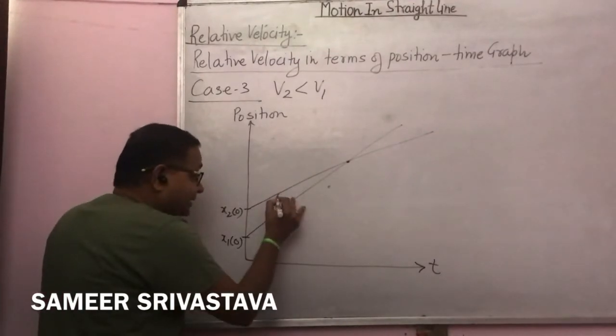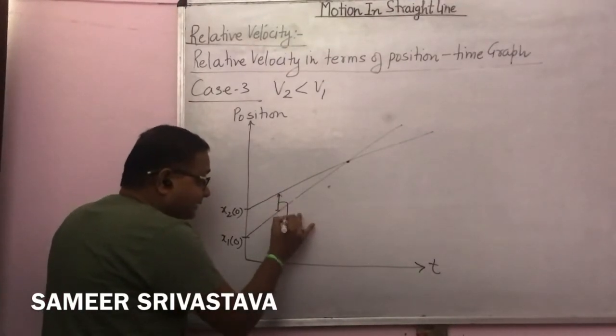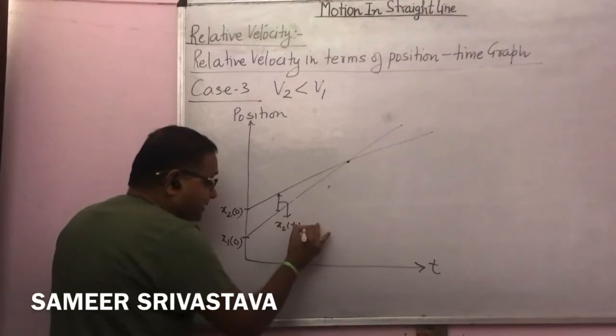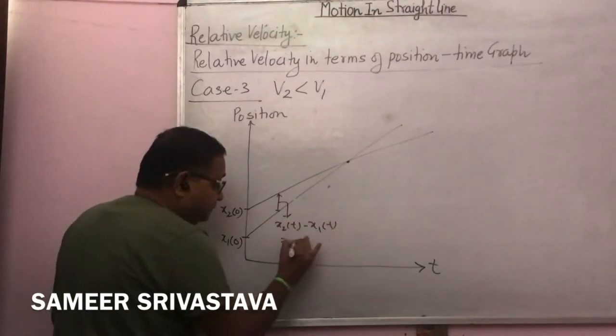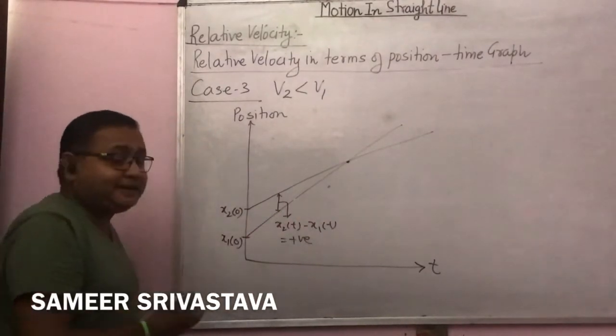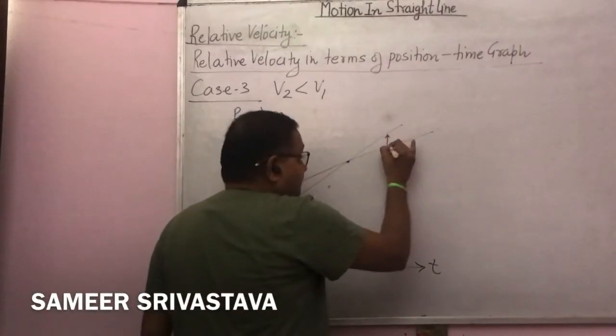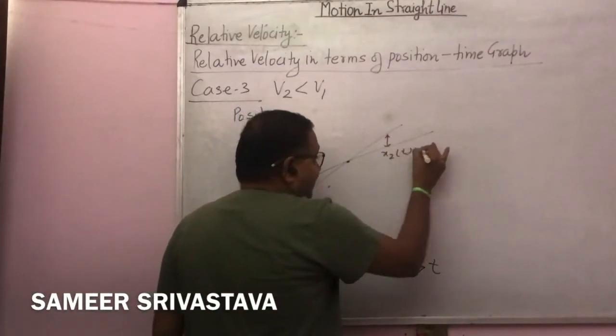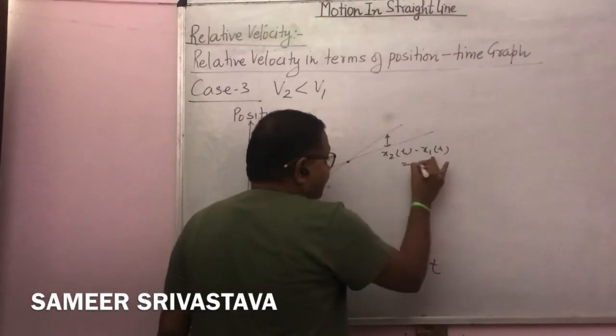So here the value of x2(t) minus x1(t) is positive, but here the value of x2(t) minus x1(t) will be negative.